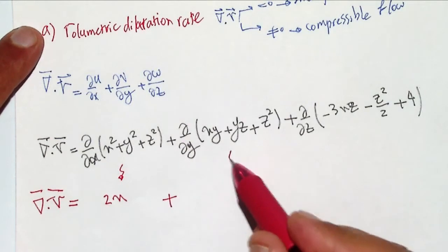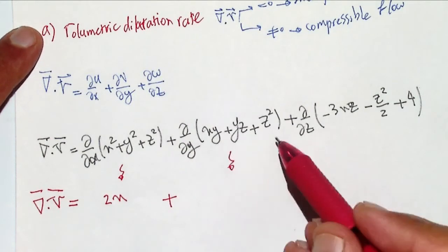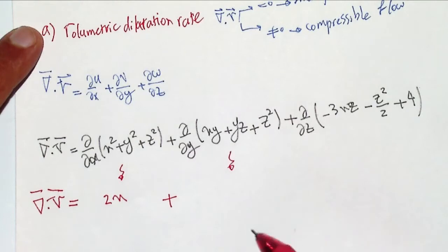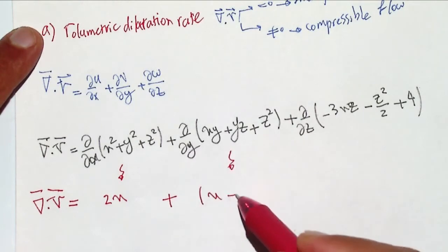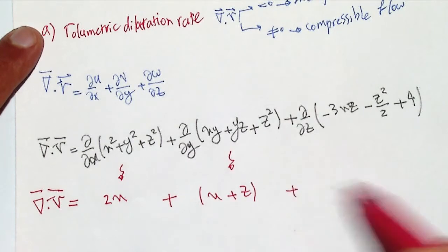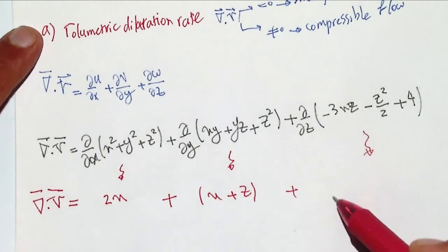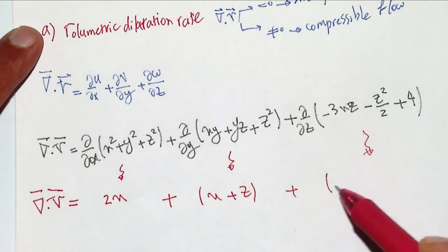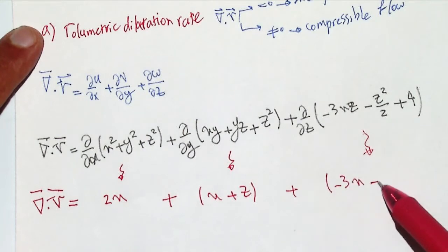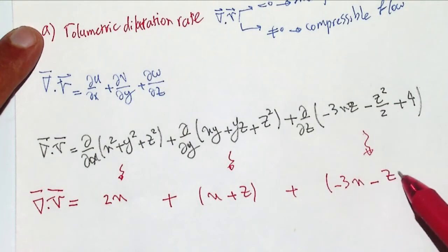plus for this term you only have x plus z, so x plus z, plus for the last term the derivative with respect to z gives you minus 3x minus z.